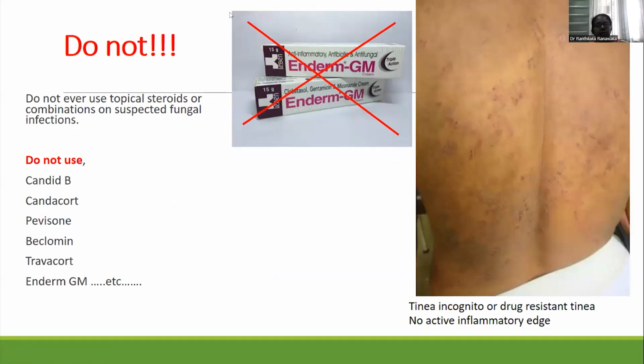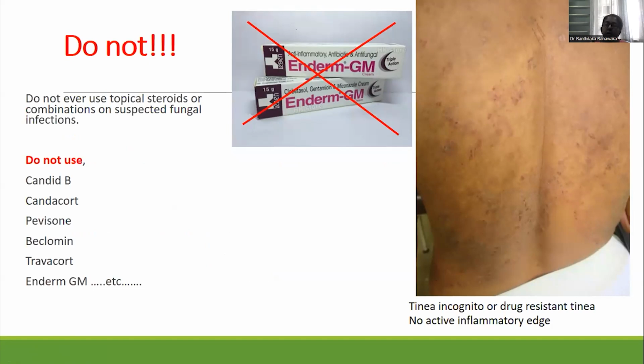So what are the don'ts? Very important. Do not ever use topical steroids or steroid plus antifungal combinations on suspected fungal infection. If you have a doubt whether this is eczema or fungal, if you are sure that it is eczema, you can start steroids.